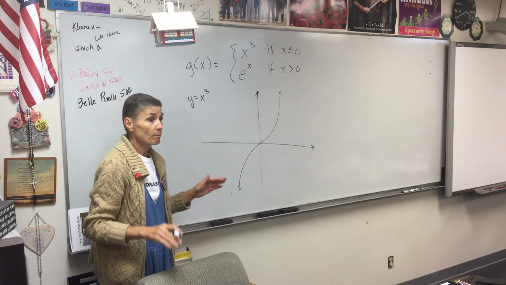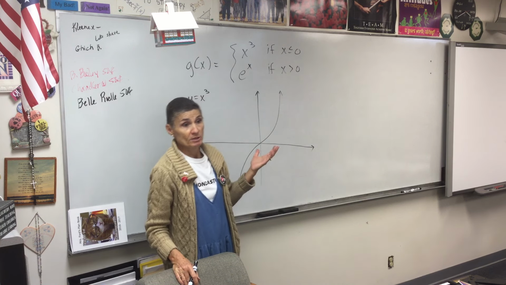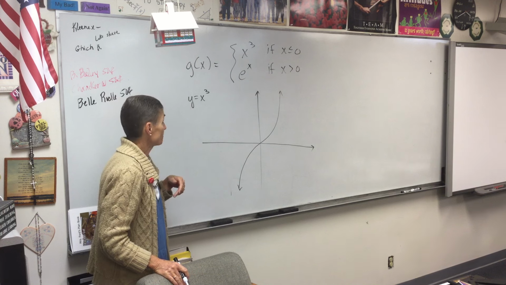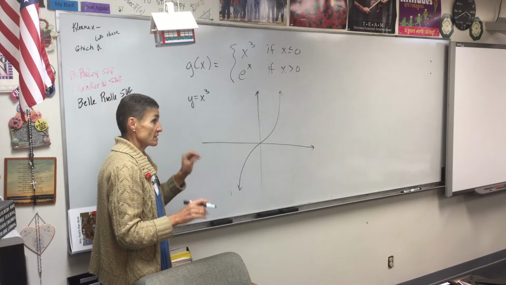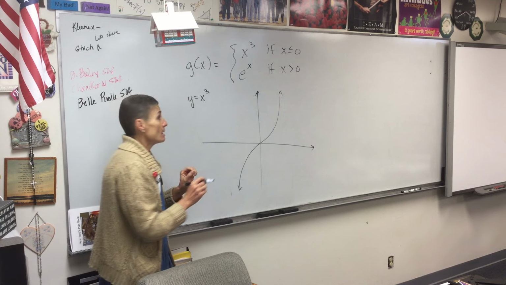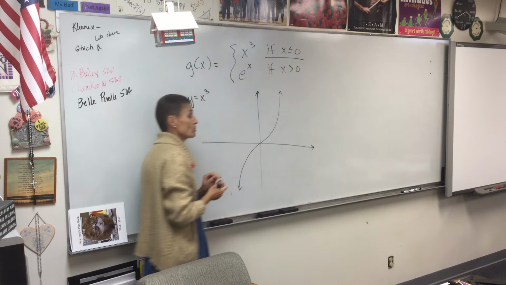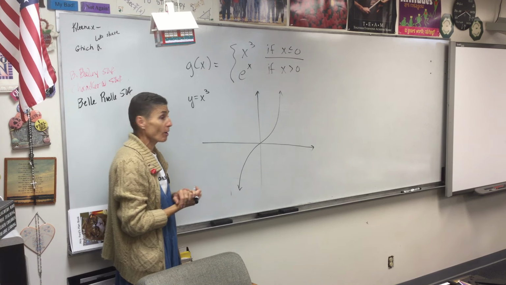I don't have to plot any points. I could, but I don't need to because I already know this shape. It's one of my BFFs I haven't memorized. Now, this is why we work in pencil, because now we're going to do a little erasing. Because I'm only supposed to be looking at what part of the graph.